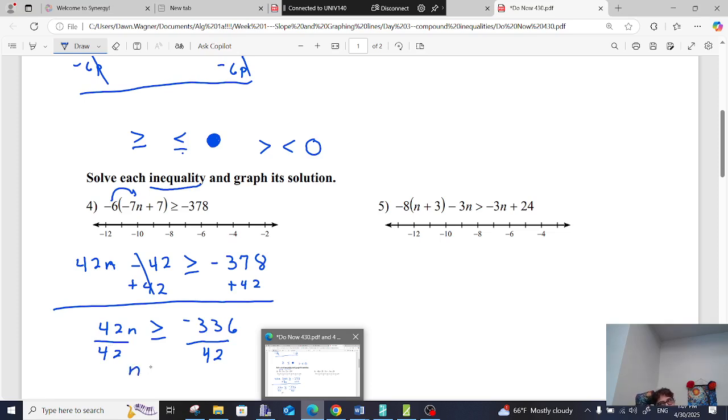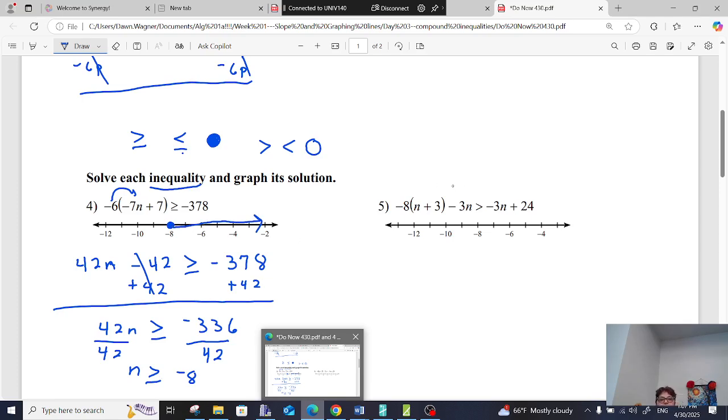So n is greater than or equal to negative 8. And I come up here, I find negative 8. I'm going to do a closed circle. And greater than means that I'm heading in this direction, right?